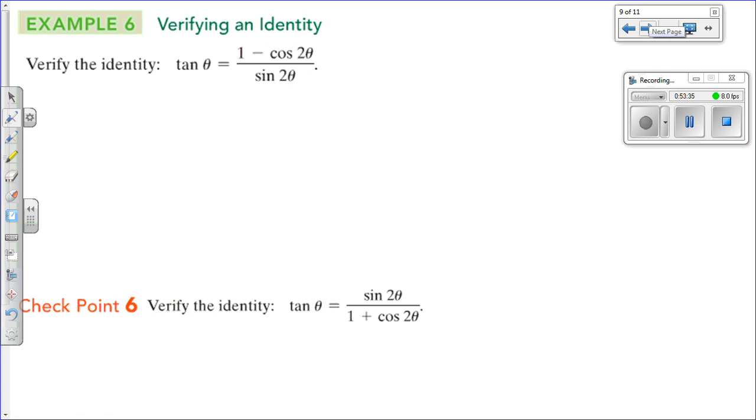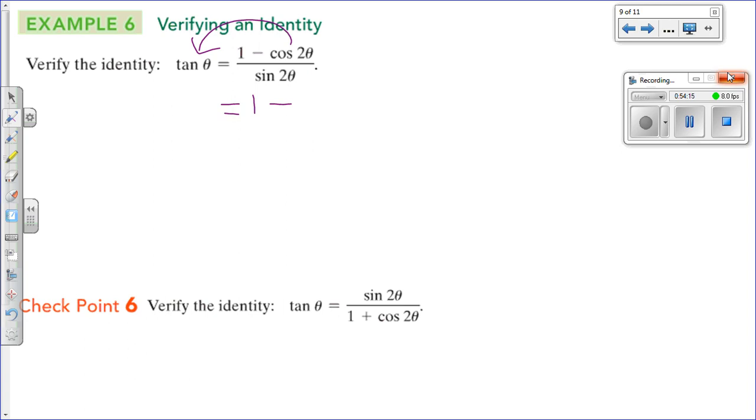And so what I'm going to do in this case is go from the right side to the left side. So let's start with the numerator. It will be 1 minus the cosine of 2 theta. And so for that, I'm going to use the formula for the cosine of a double angle, but the one that I want to use is the one that contains sine squared.